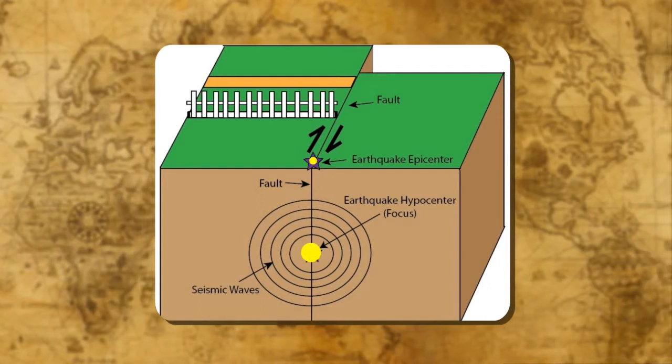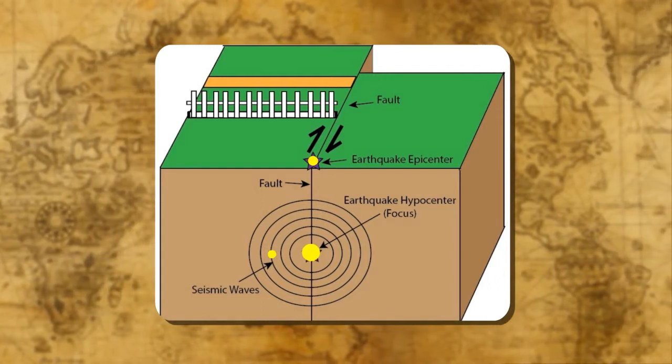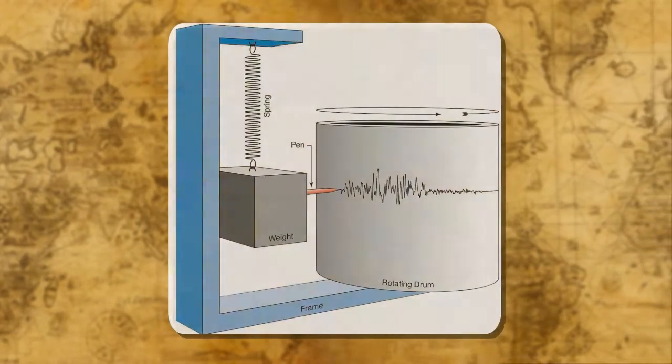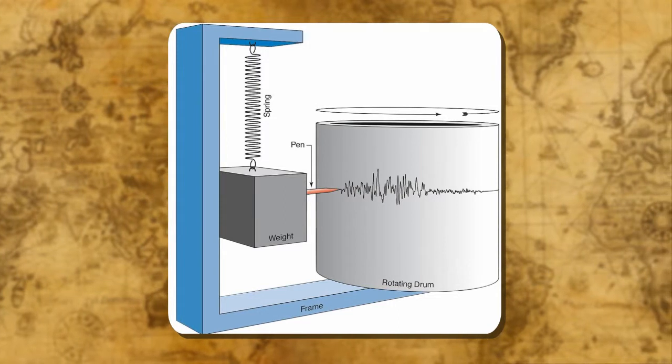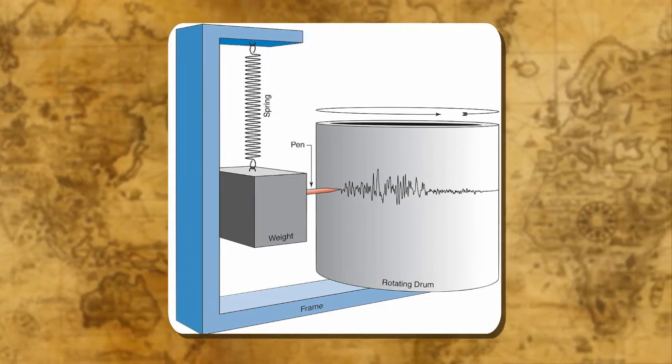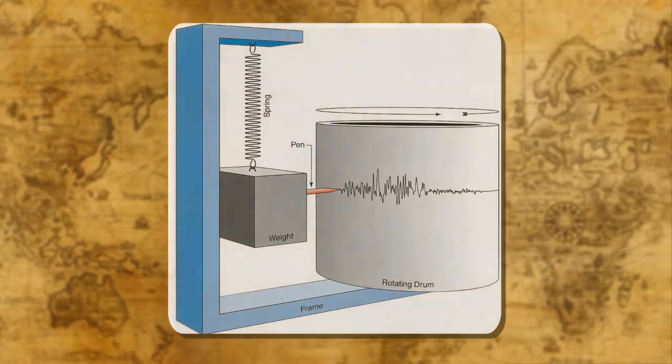The waves generated by an earthquake are called seismic waves, which are recorded by an instrument called seismograph or seismometer at the epicenter. The science that deals with the seismic waves is called seismology.